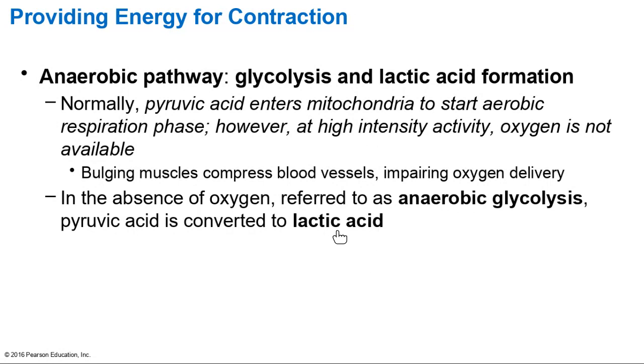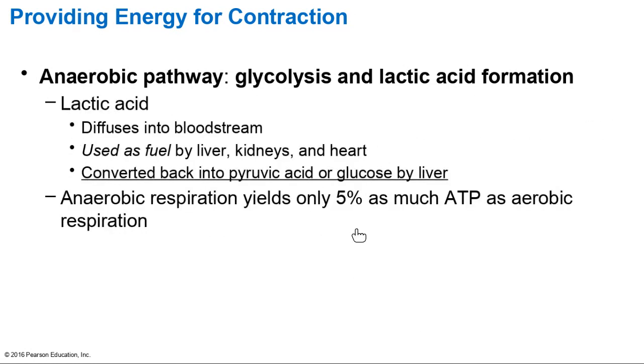Okay, so remember, in this situation, pyruvic acid is converted to lactic acid, and we will send that lactic acid through the bloodstream. It will be sent to the liver, but it's also going to be sent to other really important organs, like the heart. Vital organs like the heart, we will see this lactic acid go there and help provide energy for the contraction of the heart muscle.